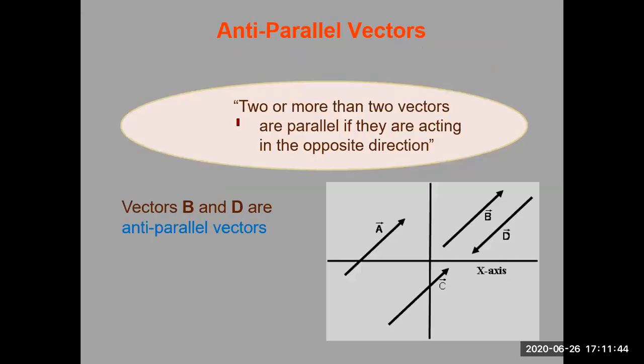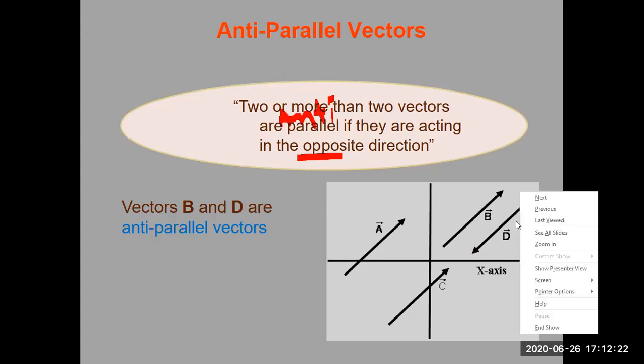So what is antiparallel? Two or more vectors are antiparallel if they are acting along opposite directions.